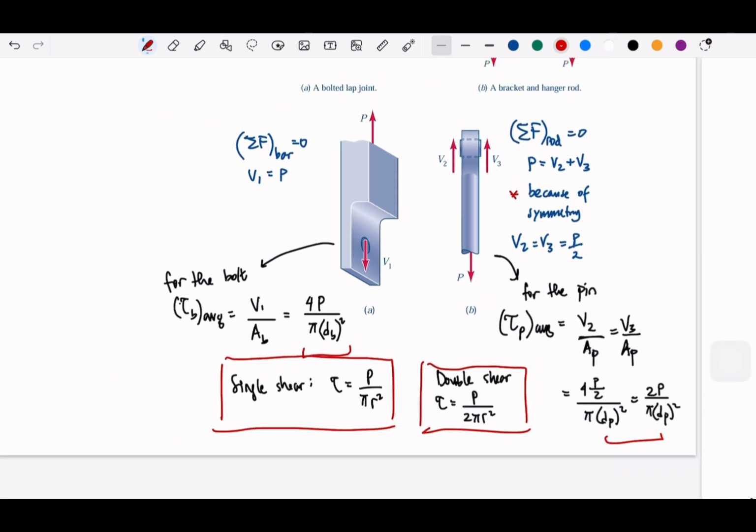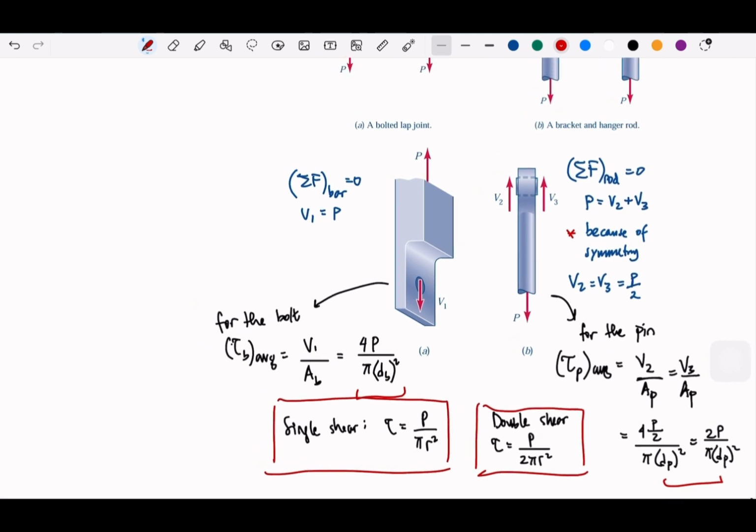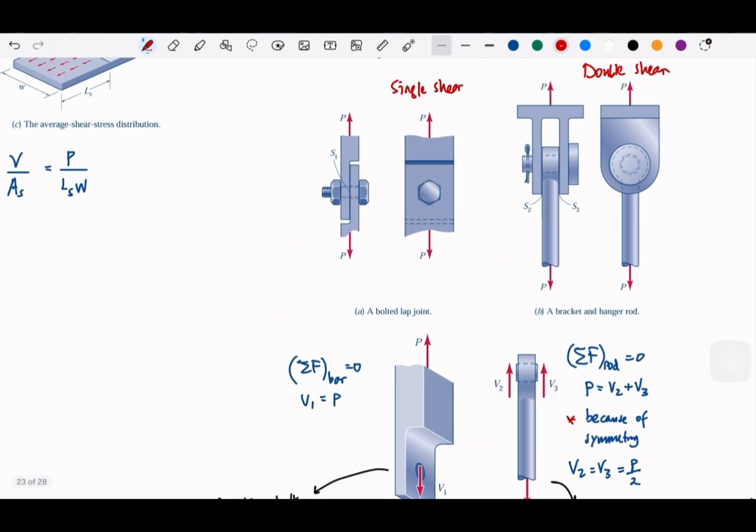Okay, and in some practices or given problems in the exercise, maybe tomorrow I give another exercise, you will see that whether it is single or double, the question will give you some clue. It can be from the picture. For example, it will show something like this.